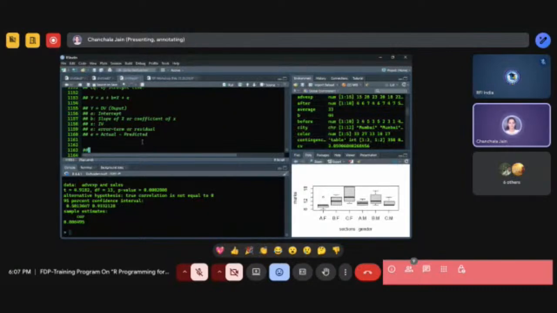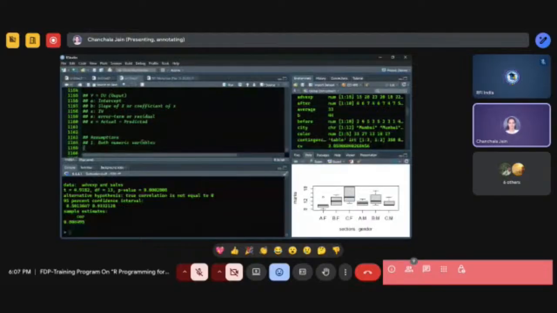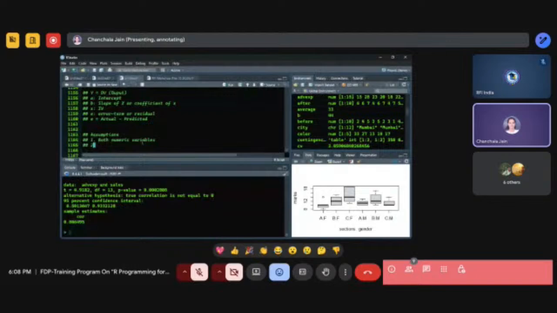So error terms or residuals play a very important role in regression. When you talk about the assumptions of regression, many of the assumptions are based on the error term. Now I'll write the assumptions. Assumption number one: both variables are numeric, as I'm talking about simple linear regression. Second: no multicollinearity in independent variables.